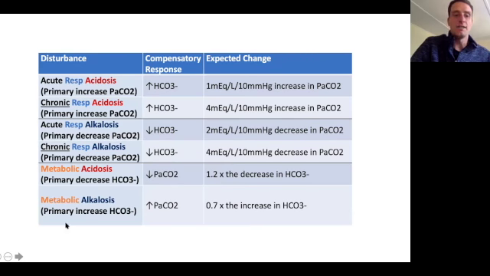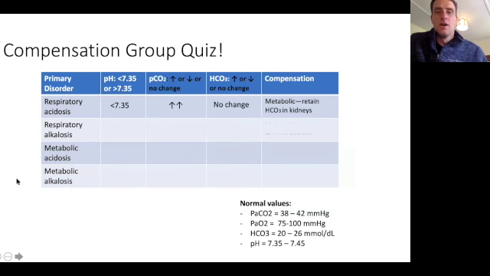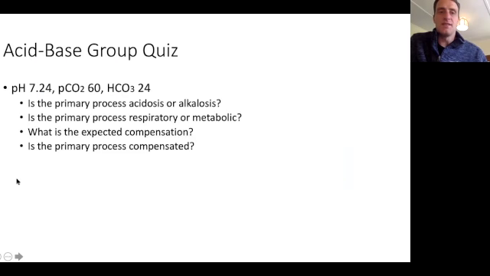The opposite, compensation for metabolic alkalosis, would be an increase in PaCO2, and the formula for that is 0.7 times the increase in bicarbonate from baseline. We'll skip through this and you can visit that later.